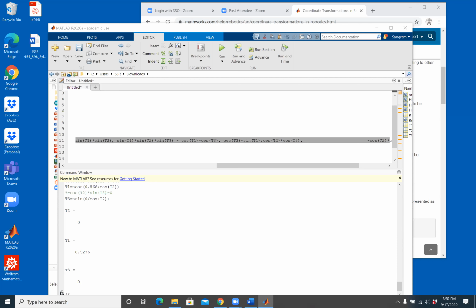The final answer is going to be the homogeneous transformation corresponding to the first three joints multiplied by the homogeneous transformation corresponding to the last three joints. That is the final homogeneous transformation. But when you want to solve it, you solve it in two distinct steps.